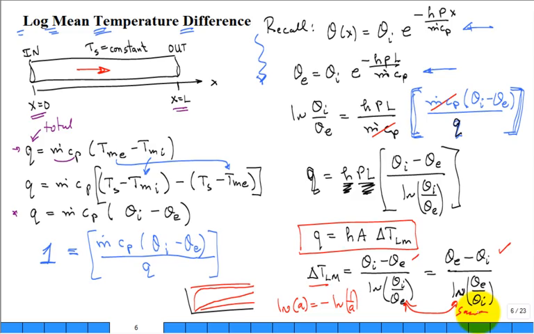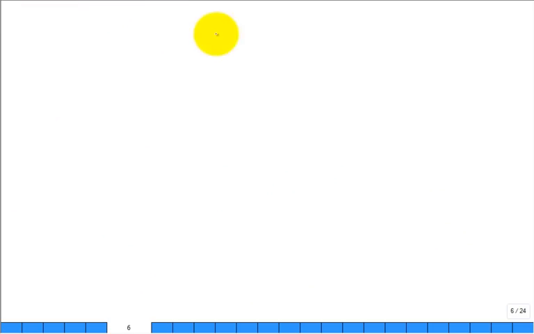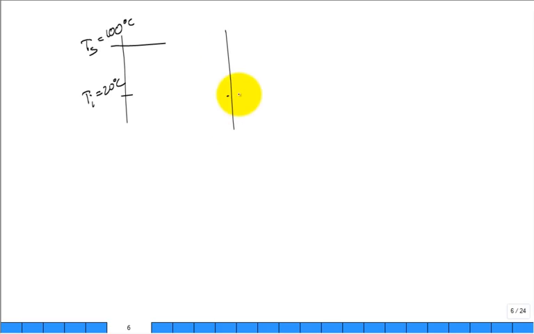If your fluid looks like this, let me insert a new page. Let's say the surface temperature is, I don't know, 100 degrees C, and the fluid inlet is 20 degrees C. And after a certain distance, the fluid exit temperature is 22 degrees C. The temperature of the surface is constant throughout the pipe.